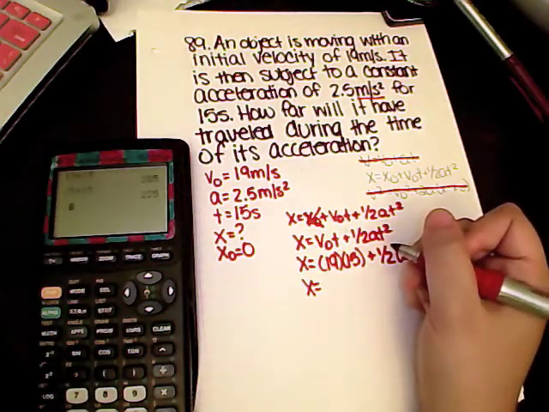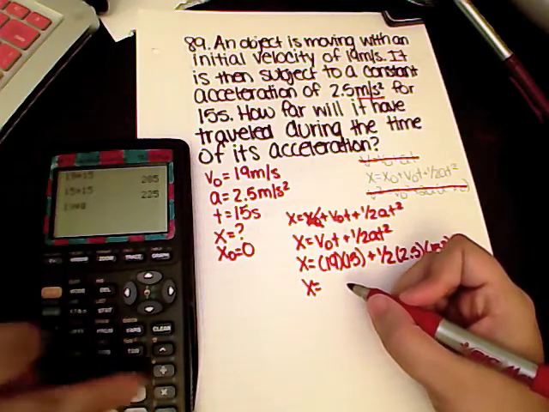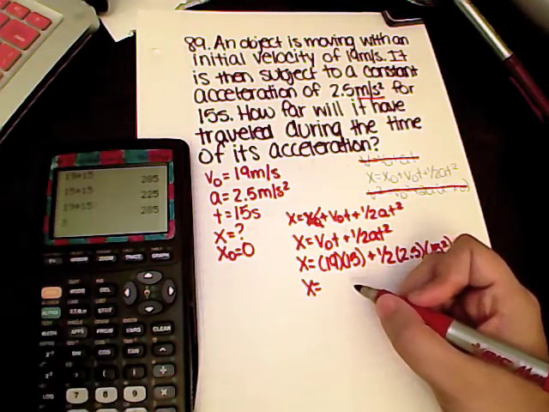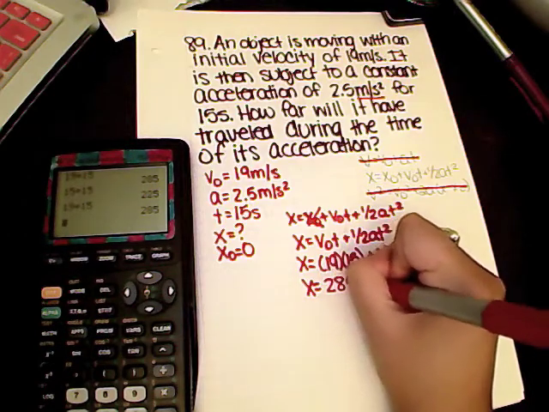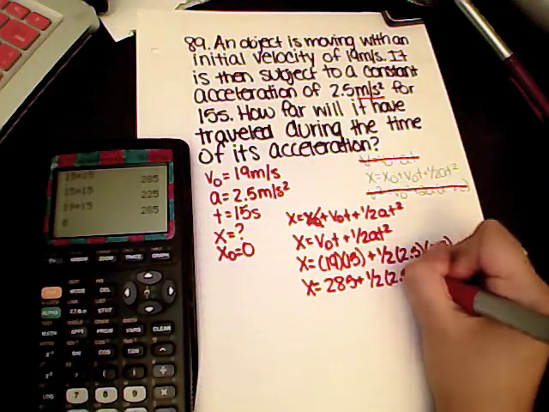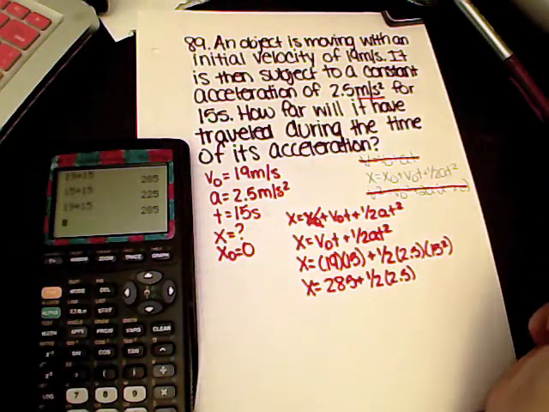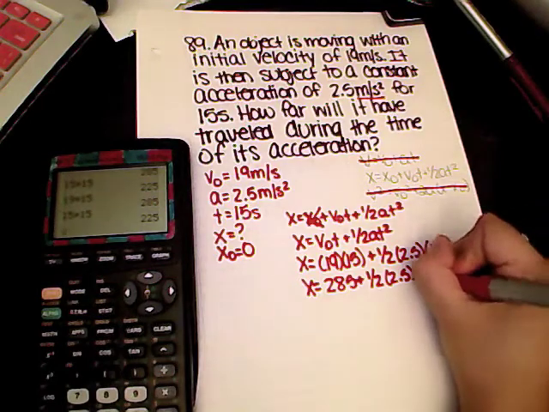We can do this right here, because they're by themselves, 19 times 15, which gives us 285, plus we can leave the 1/2 and the 2.5 right now, so that we can do this 15 squared. And 15 times 15 gives us 225.